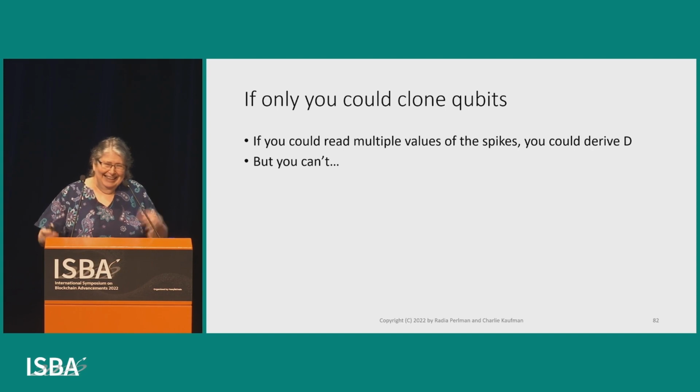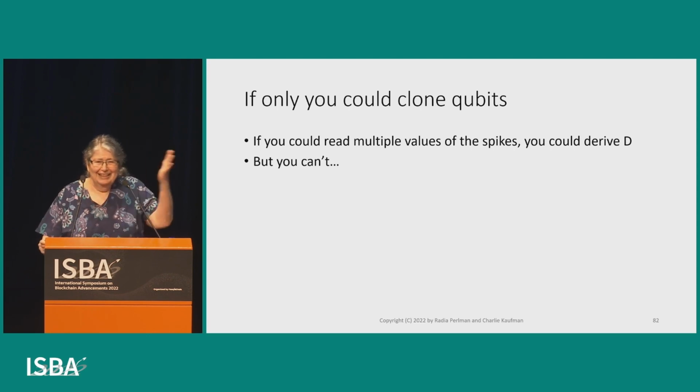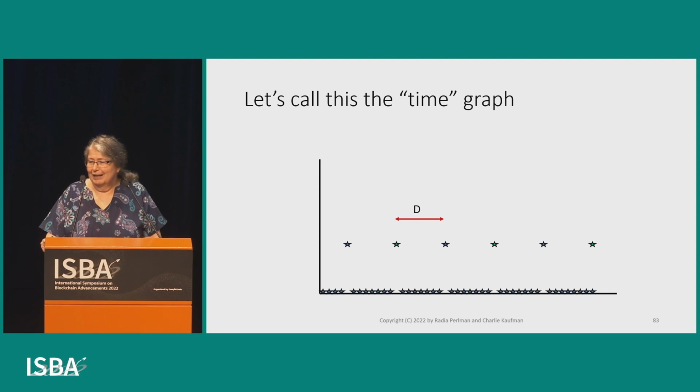But anyway, so what can we do at this point? It looks so promising if you look at the graph of this, but how can you get the actual answer back? So I'm going to call the graph that we just looked at the time graph. Those that remember Fourier transforms, we're going to do a Fourier transform.